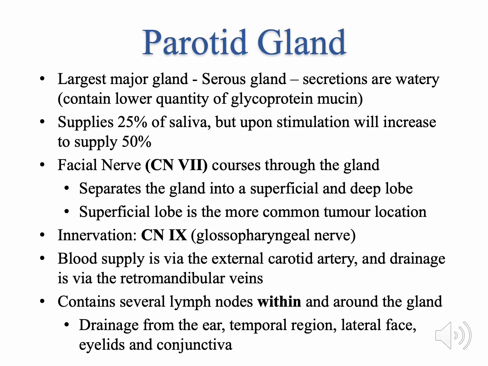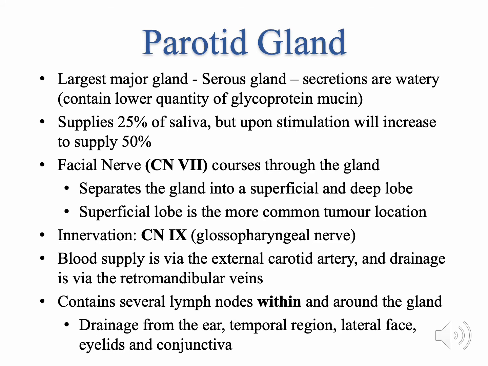Again, the facial nerve, cranial nerve 7, courses through this gland. The facial nerve separates the gland into a superficial as well as a deep lobe. Interestingly, the superficial lobe is one of the more common locations for the uncommon salivary gland tumors.